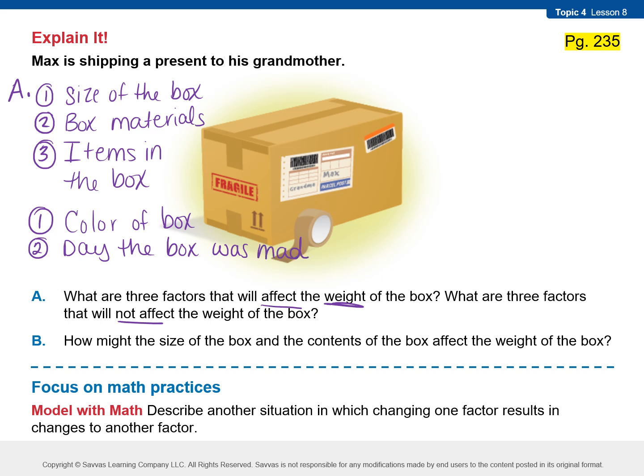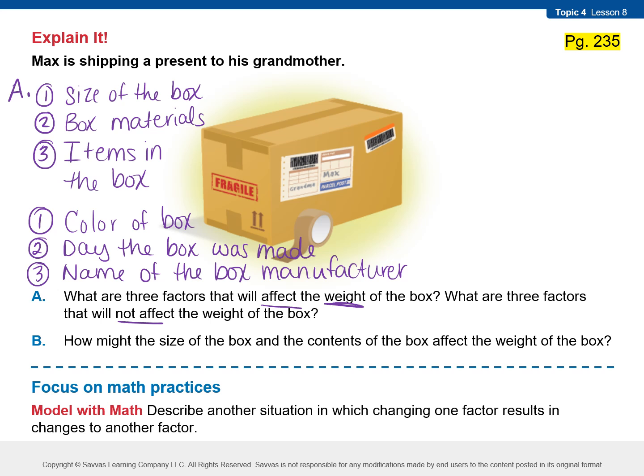Can you come up with another one? What about the name of the box manufacturer? The name of the box manufacturer.